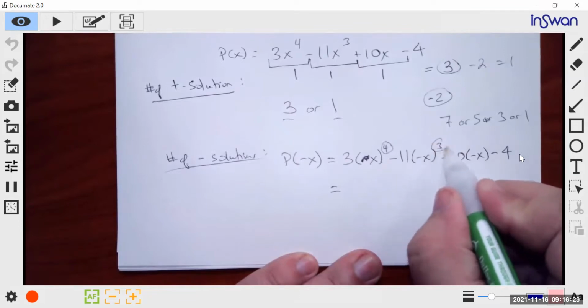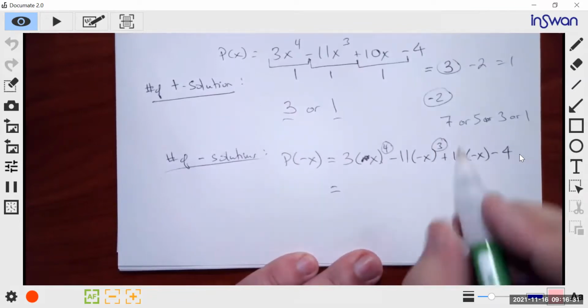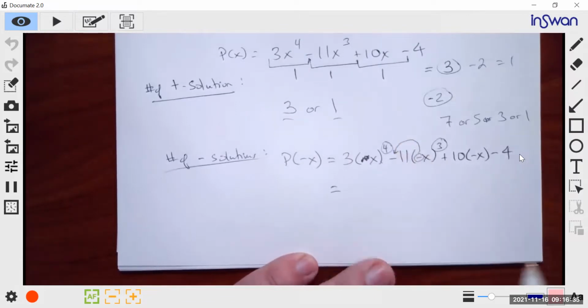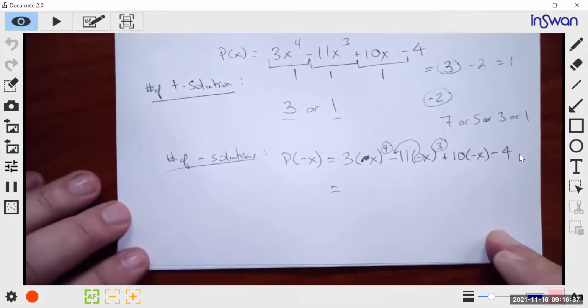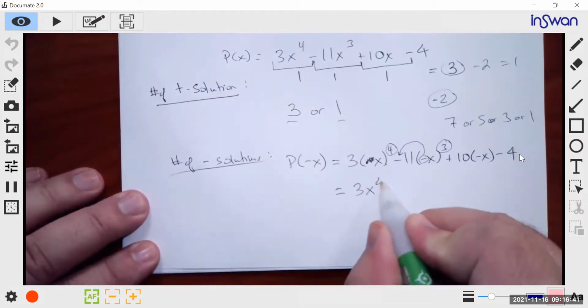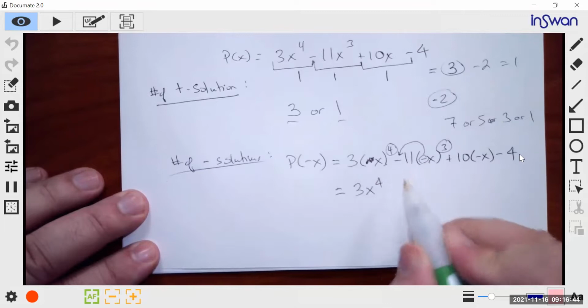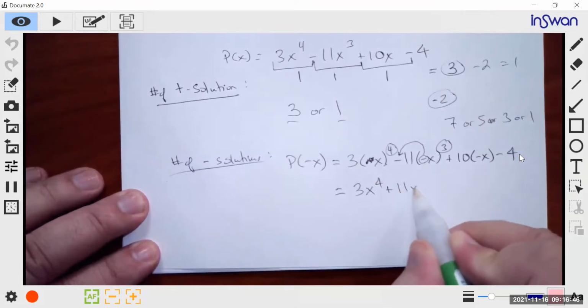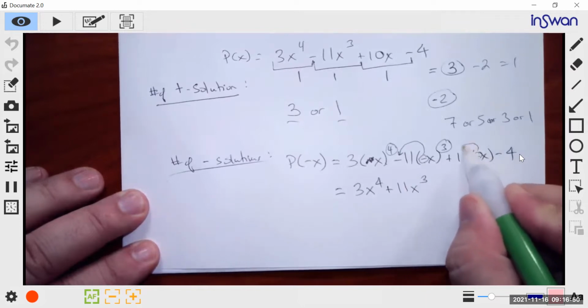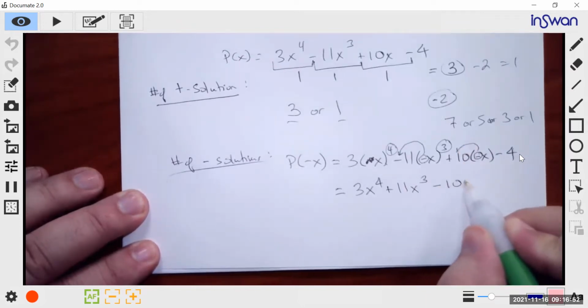If it's an odd exponent, then that negative inside the parenthesis multiplies to the coefficient sign. So a negative times negative is a positive. A negative times a positive is a negative.